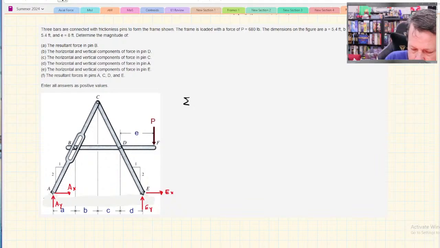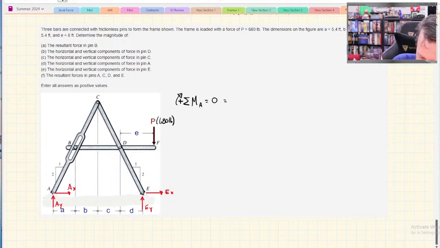So I'm going to do moments about A. And what that tells me is P, which for me is 680 pounds, times A plus B plus C plus E. So what is that?